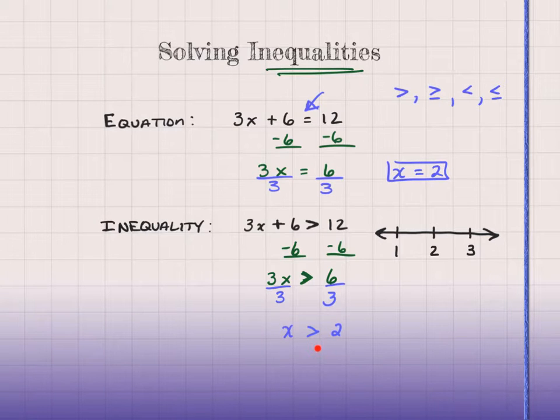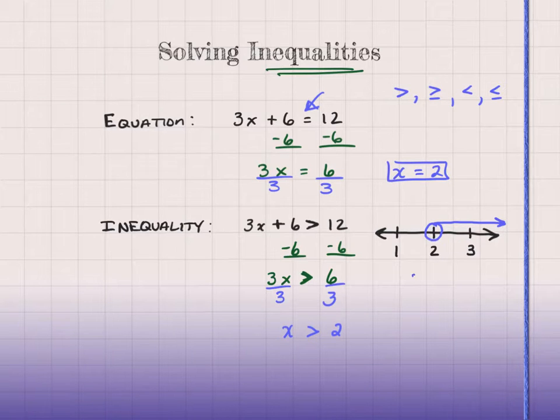And to indicate that x is everybody bigger than 2 on your paper, this is what you do. You circle that breakpoint, the 2, and you point in the direction that the solutions are, or the numbers are, that are bigger than 2. So in this case, we point to the right. And so this indicates to us that any number bigger than 2 is a solution.